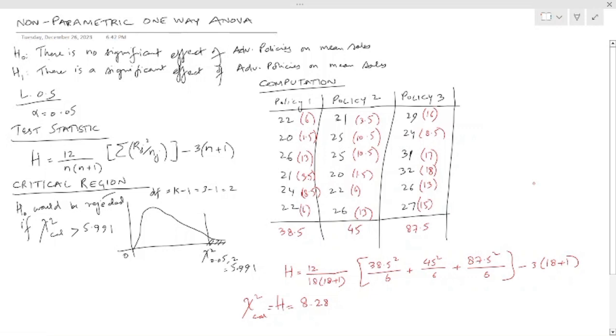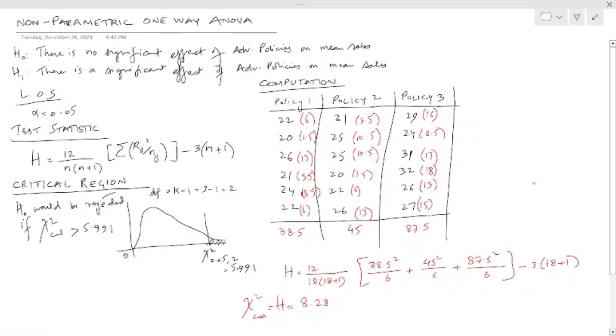So when we compare the averages squared, it comes up for the first policy 247, then 337, and then if we compare it with 87.5 squared divided by 6, that's 1276. So there is a significant difference if we compare the first two with the third one by one.